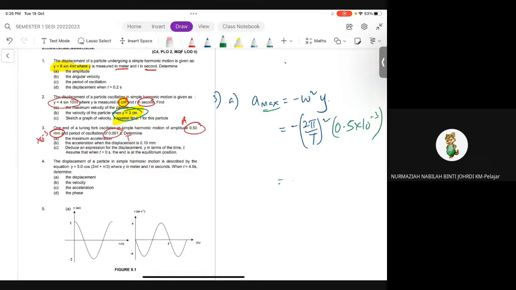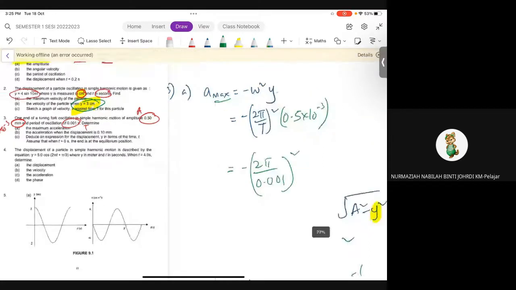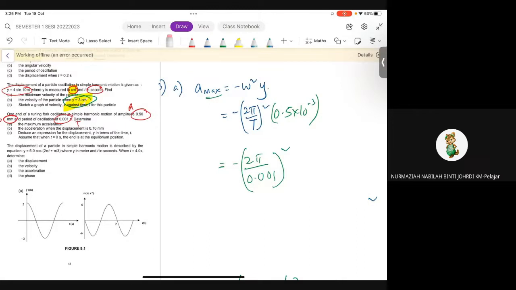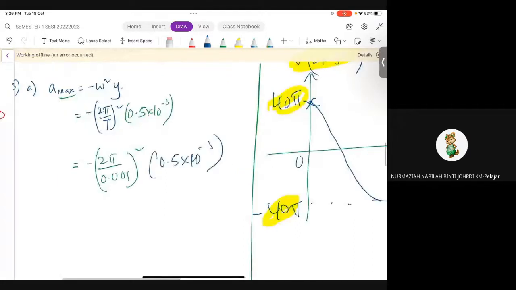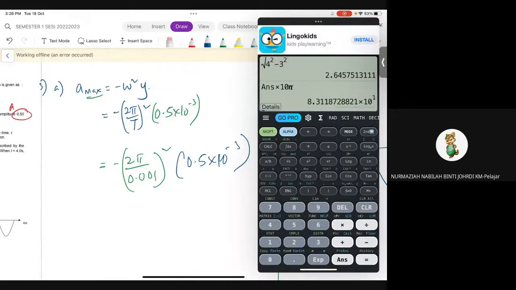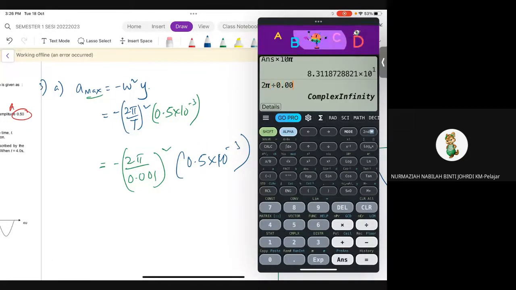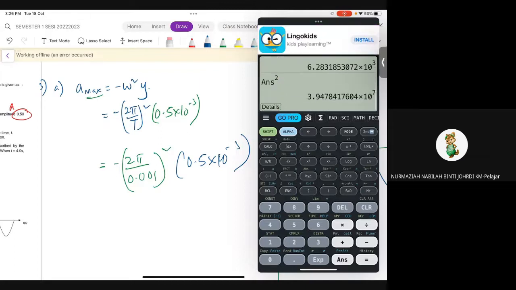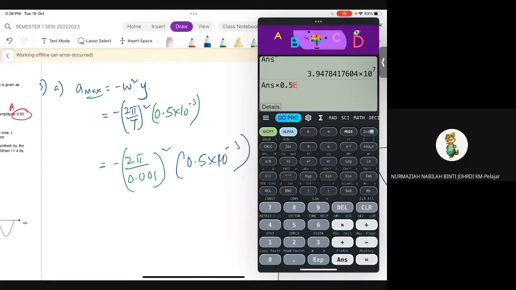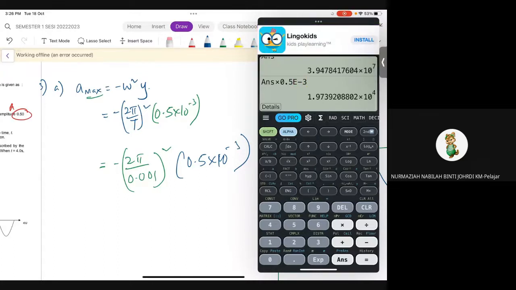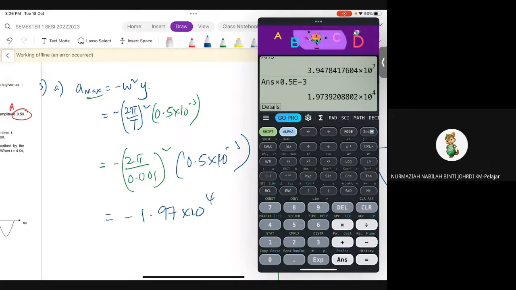So you will get negative 2 pi over T, where T is 0.001, squared, multiplied by 0.5 times 10 to the negative 3. So 2 pi divided by 0.001 squared, times 0.5 times 10 to the negative 3. The answer is negative 1.97 times 10 to the power of 4 ms negative 2.